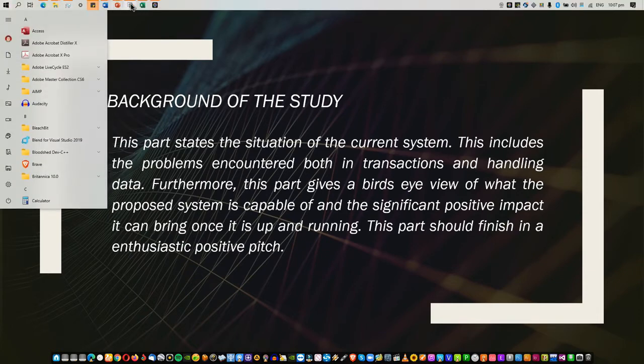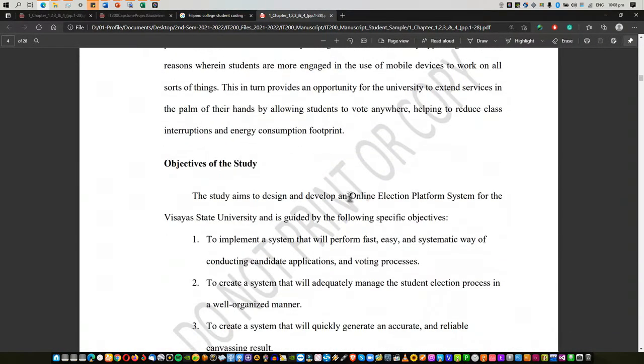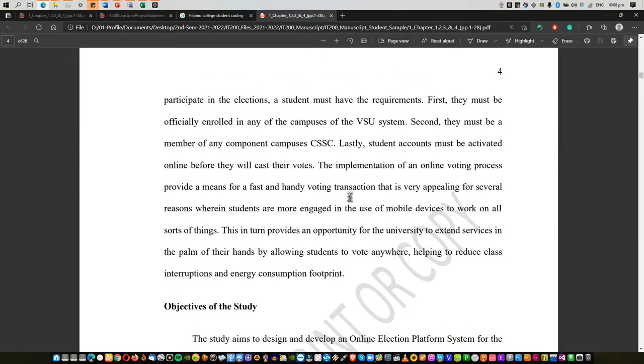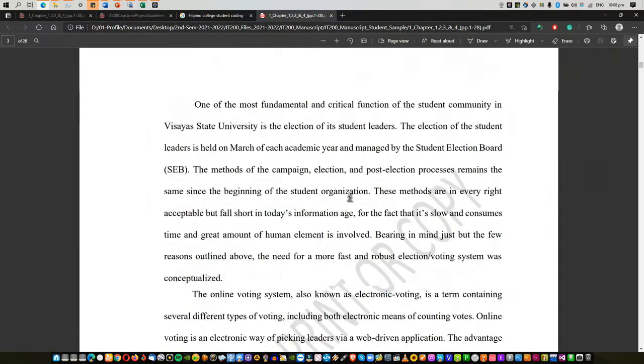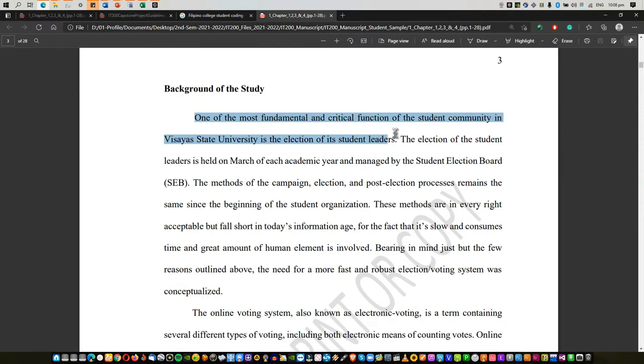Okay, so going back to the example, he discussed, as an opening statement, the importance of the student community in the State University, since his title is all about the online voting system of the CCSC.